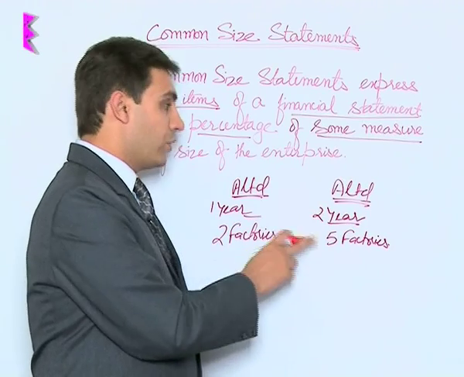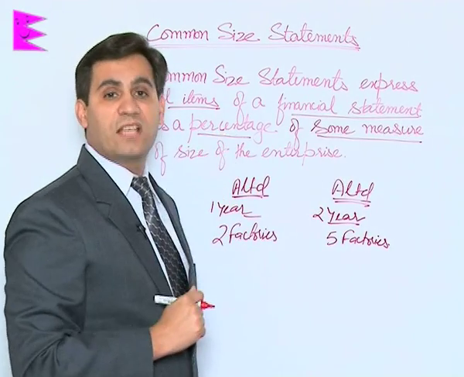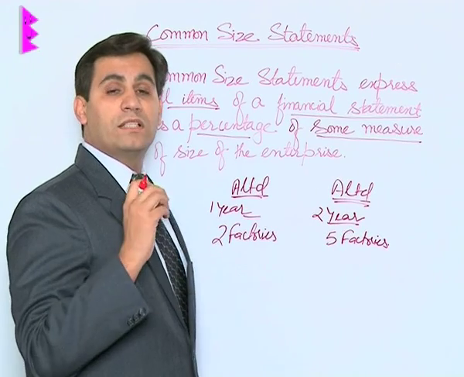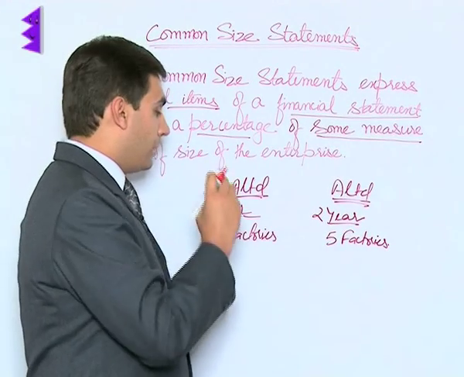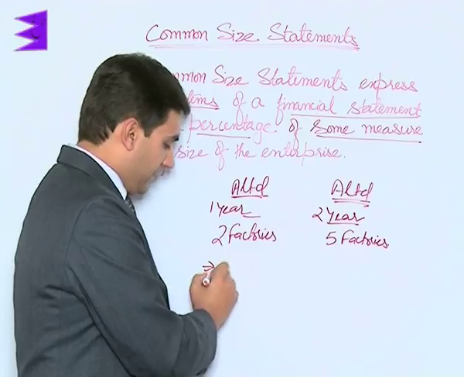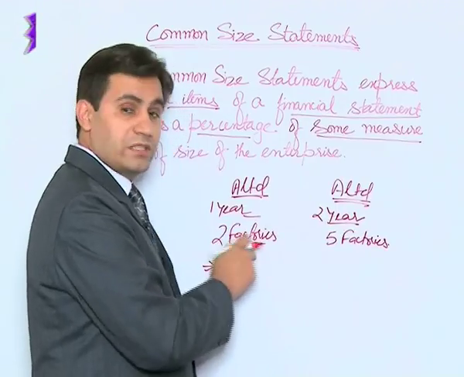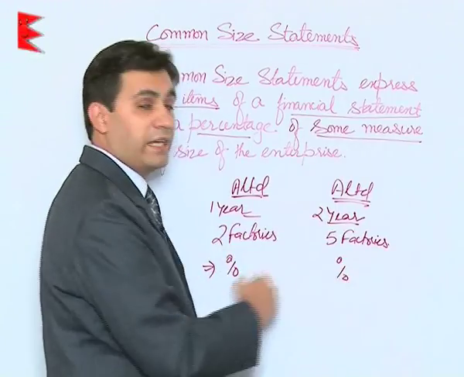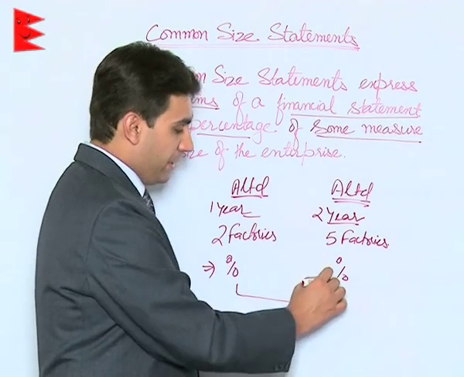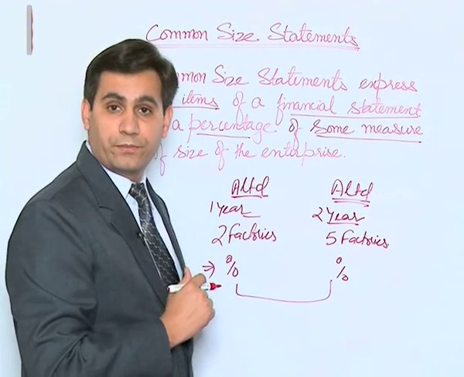So in this case, what we can do is follow common size statements. This will enable us to calculate the percentages in the first year and the percentages in the second year, and then we can compare these two percentages.